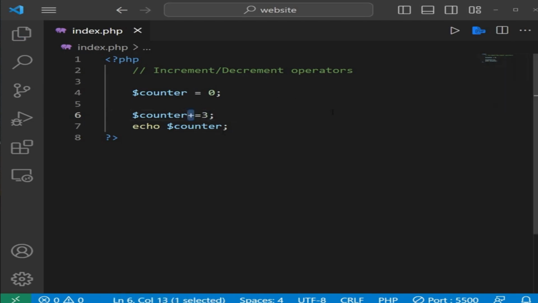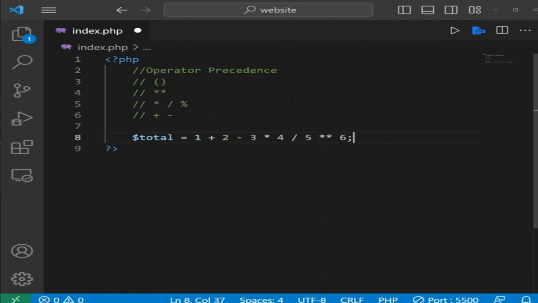On the flip side, to decrement by a given value, you would use minus equals some number. So 0 minus equals 2 will decrement my variable by 2. Minus equals 3 would be, well, 3. So that is the increment and decrement operators.